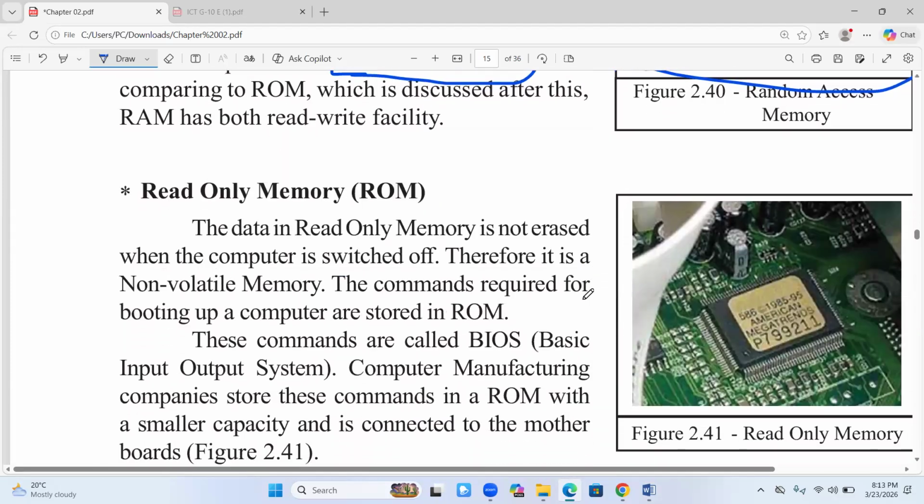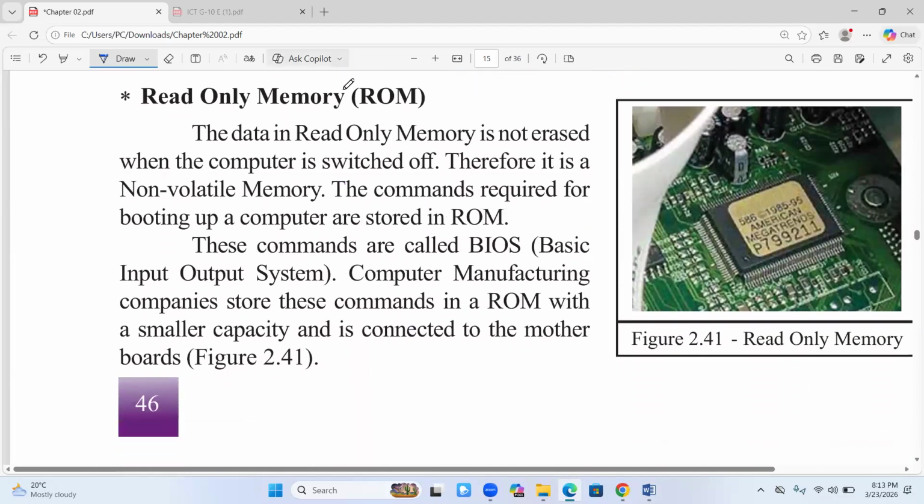Then read only memory. This is called ROM, read only memory. This one is a permanent memory. Read only memory is a permanent memory, but you can only read the information stored in ROM. Because of that, this is called non-volatile memory or permanent memory.